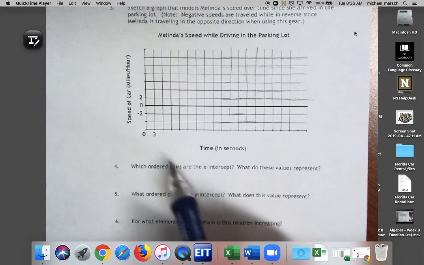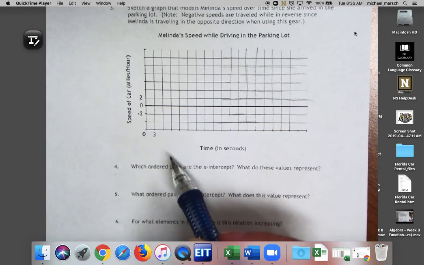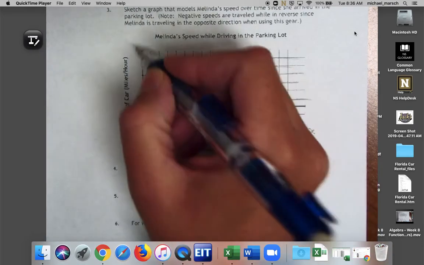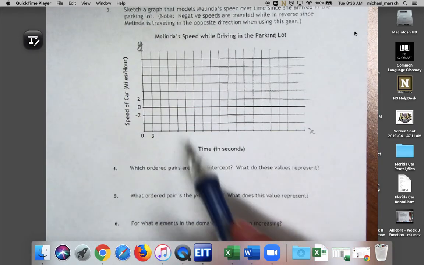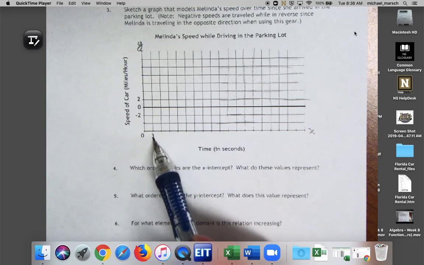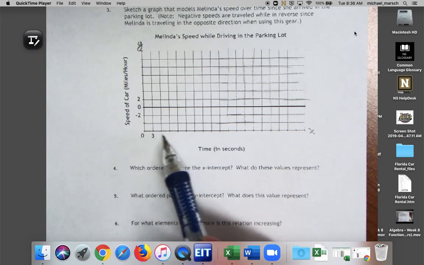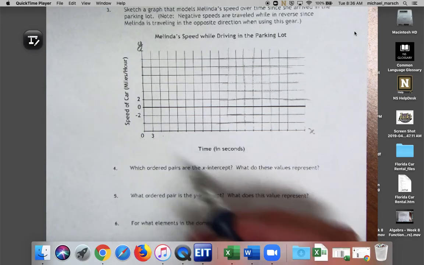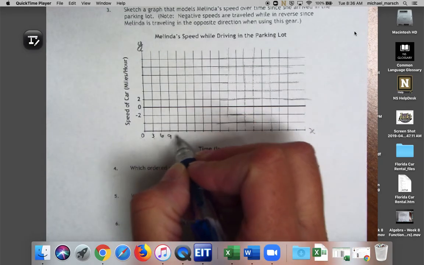Okay, so let's look here. We've got time in seconds. So we have our x-axis and our y-axis. And if you notice, this starts out with 0 to 3. So that's telling you that this needs to go in 3-second increments. So we're going to go ahead and fill these in.